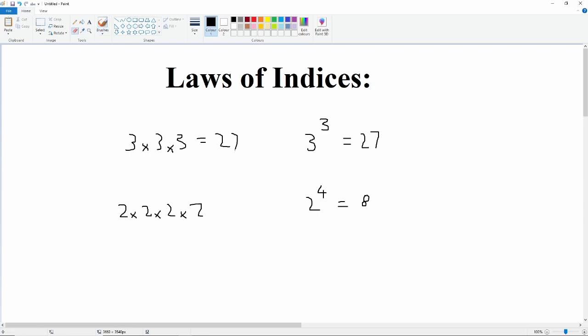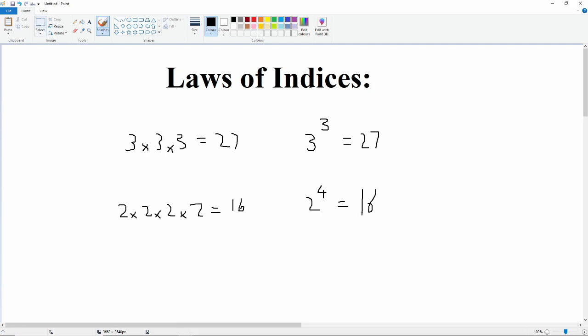What's wrong with me? Where's my brain? Okay, so that's 16. Then we can say that's 2 times 2 is 4, 4 times 2 is 8, 8 times 2 is 16. There we go. Okay, so that's basically what an index is.